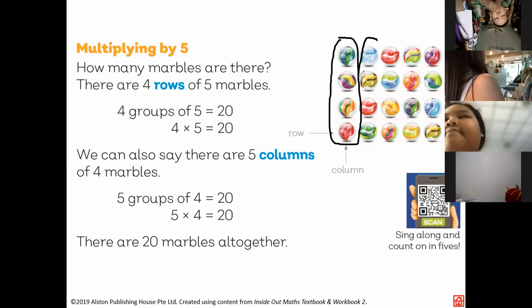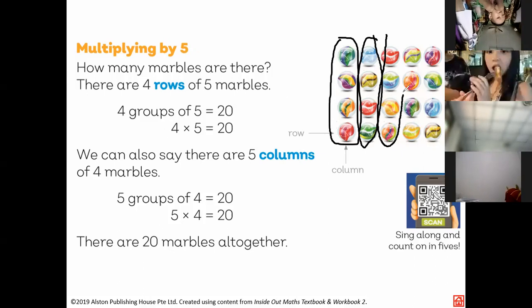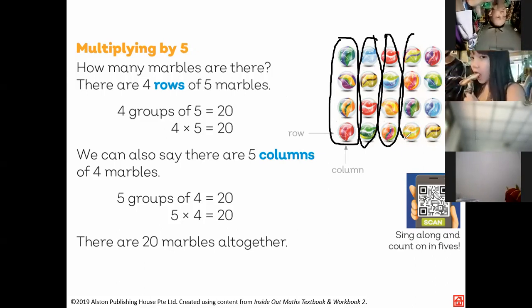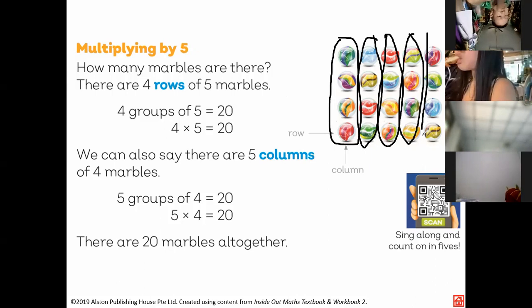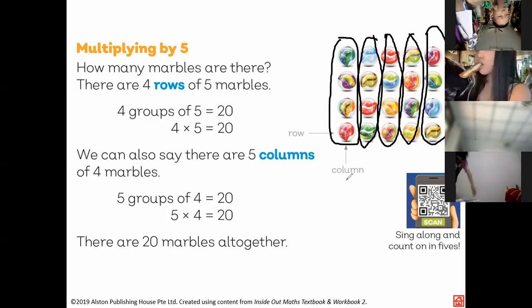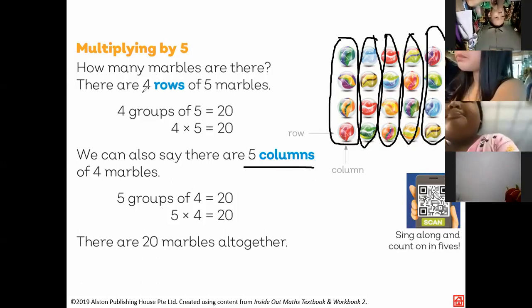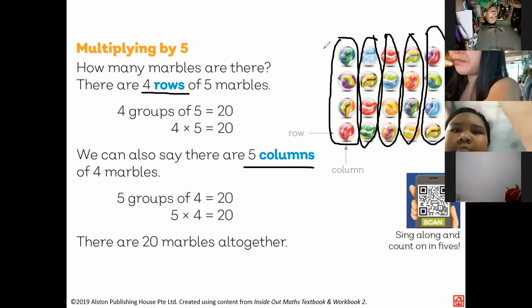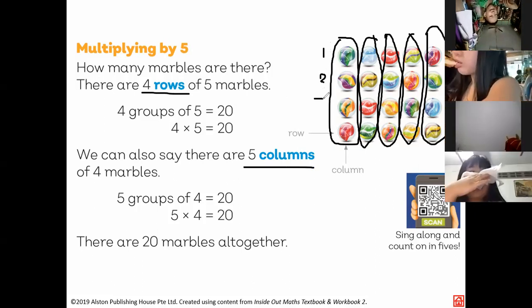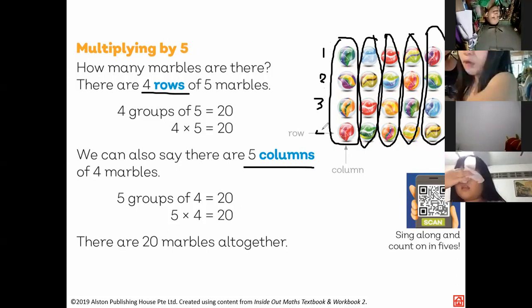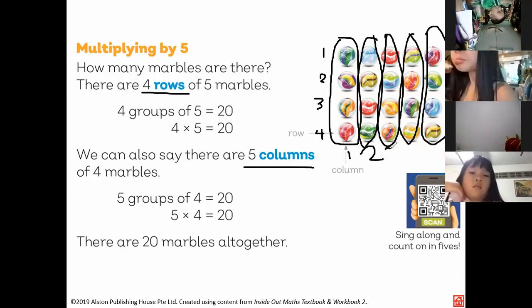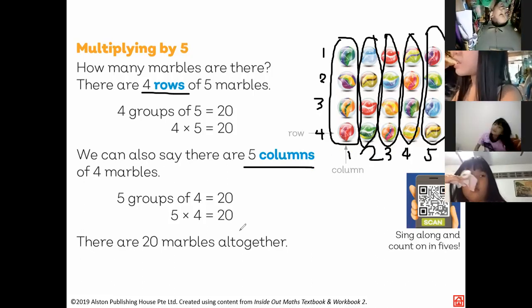Column 1, 2, 3, 4, and 5. So there are 5 columns and 4 rows, okay? 1, 2, 3, and 4 rows. And then 5 columns. 1, 2, 3, 4, and 5.